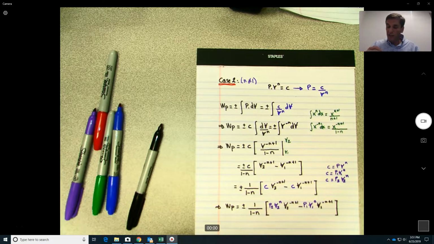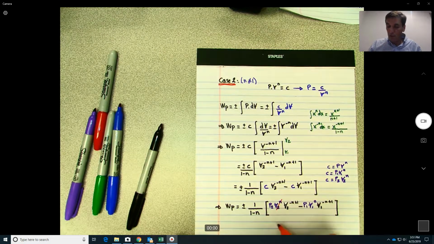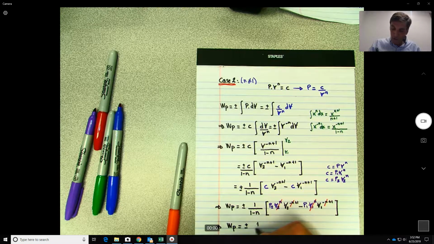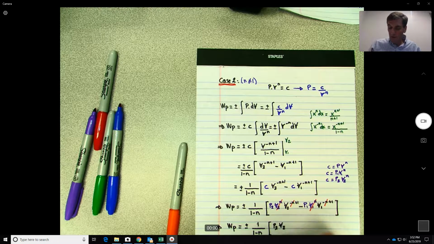And you can probably see right away that this V2^n will cancel out with this V2^(-n). This V1^n will cancel with this V1^(-n). And at the end we have that the work done by the pressure is equal to plus minus 1 over 1 minus n times P2 V2 minus P1 V1.